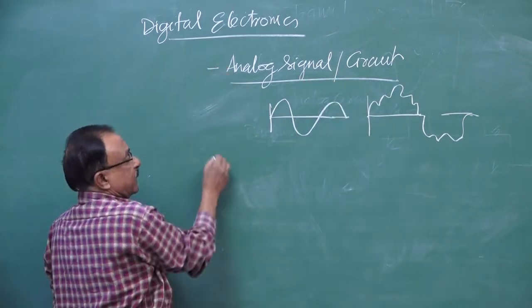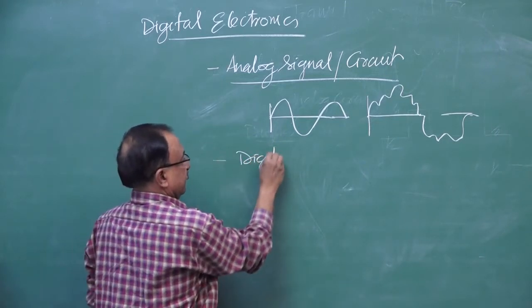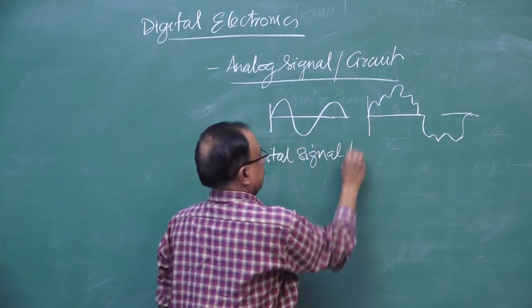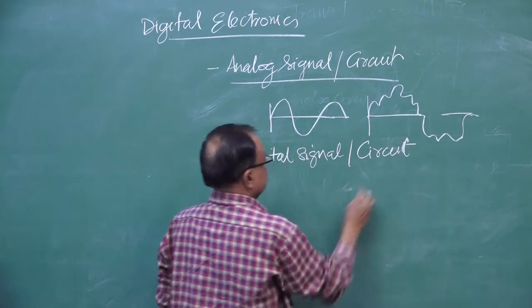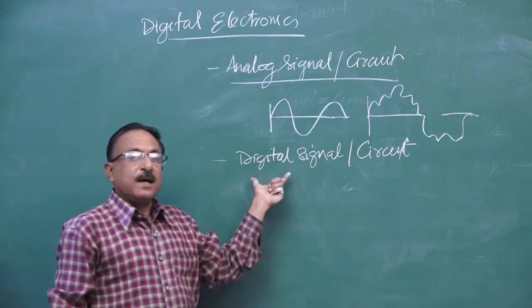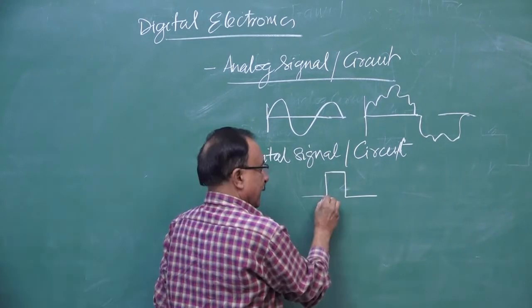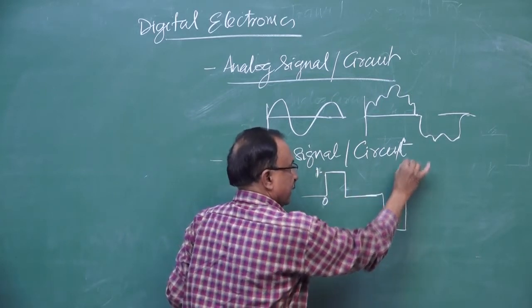Now another class of signal is the digital signal and digital circuit. Digital signals are the ones which can have only discrete values, two fixed values, either 0 or 1, or +1 or -1.